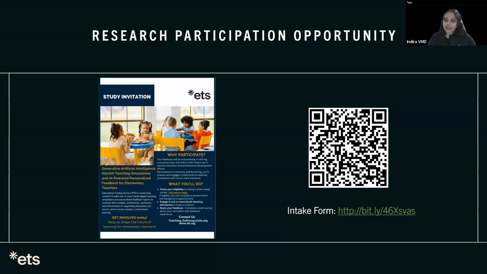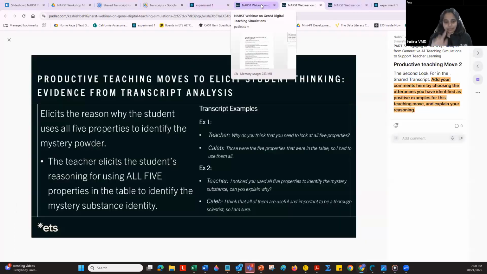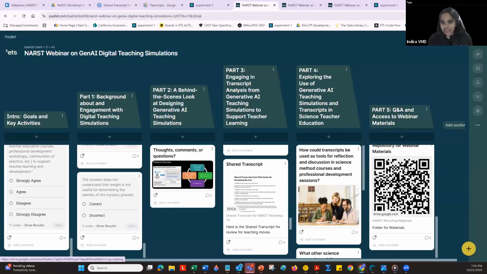The research is designed to evaluate GenAI-powered digital teaching simulations and personalized feedback tools that support learning. If any of you are interested, please fill in the intake form. It is in the Padlet. If you go to part 5 of the Padlet and scroll down, you can see the research participation opportunity part.